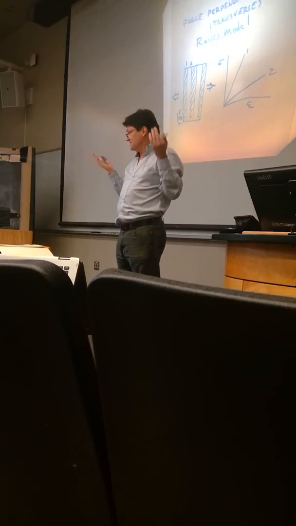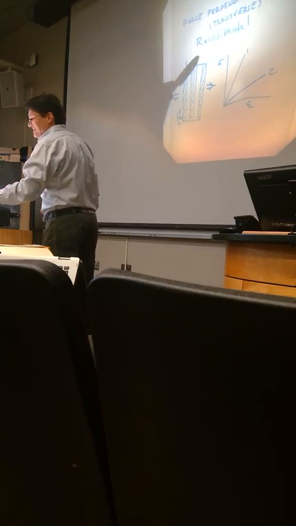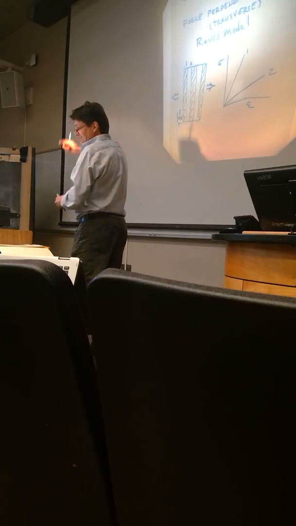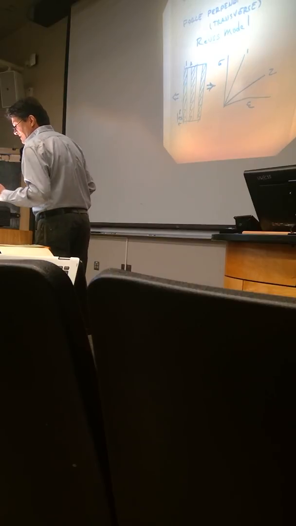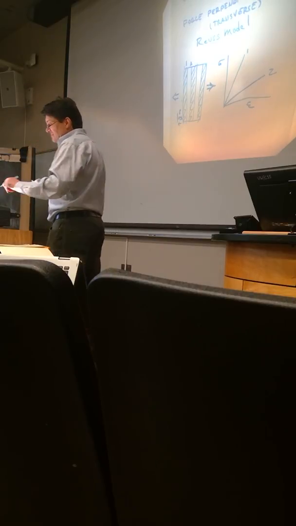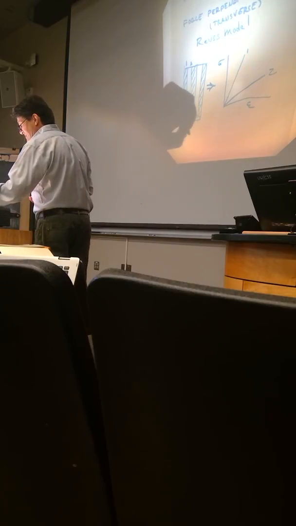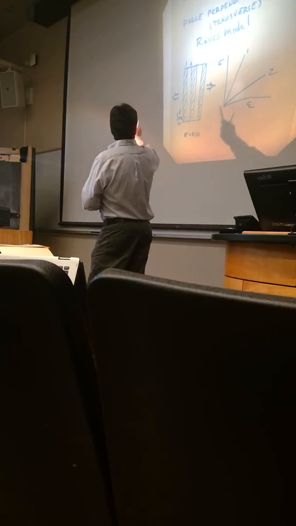Stress or force, is how you want to talk about it. Remember your free body diagram, right? You can take a cut through there, and the force has to be transferred across there. Okay, so in this case, if they have the same force, and of course stress is force over area, that's going to be constant.